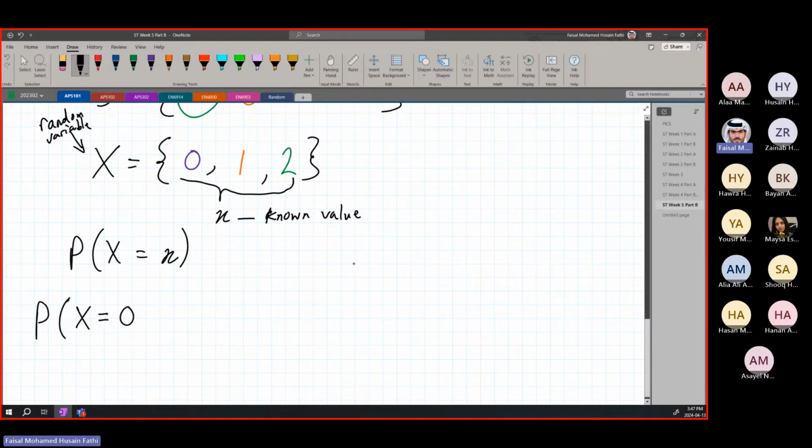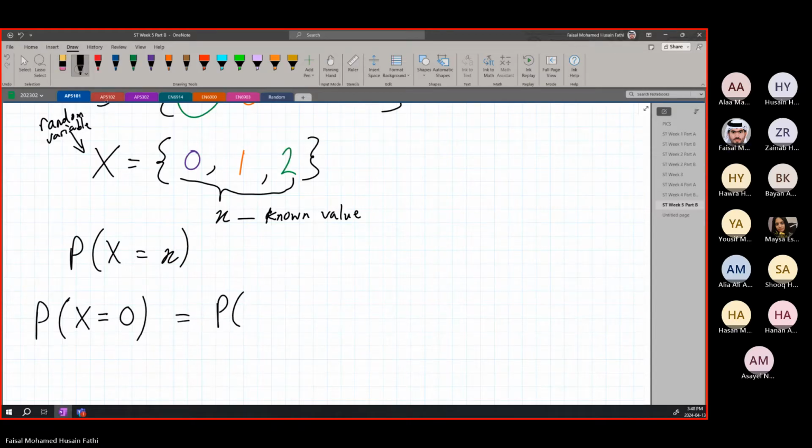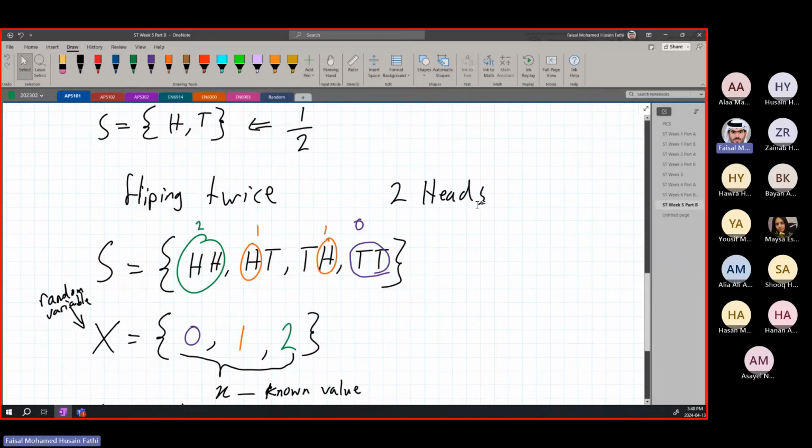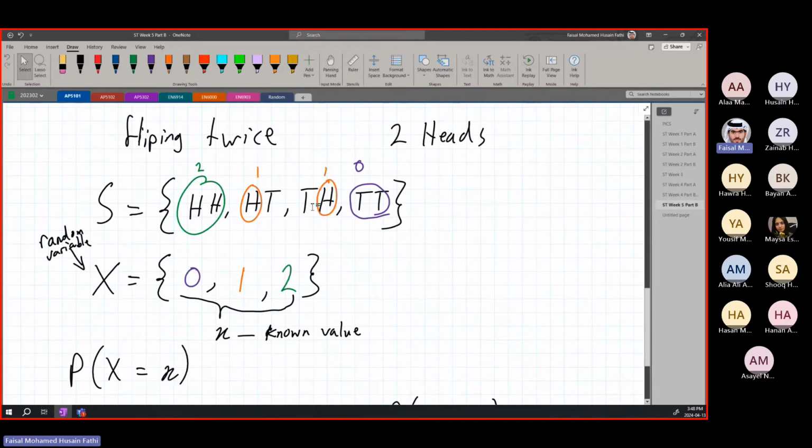to 0. X equal to 0 is the same as saying P of no head. Or simply, this is P of getting T and another T, because remember, we have two flips. The first flip is going to be tails, and the second flip is going to be tails.